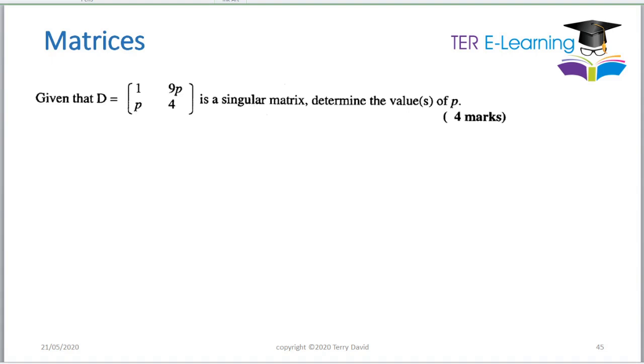Alright, so we're working out the values of P here. I saw Emily saying 2/3 and minus 2/3.